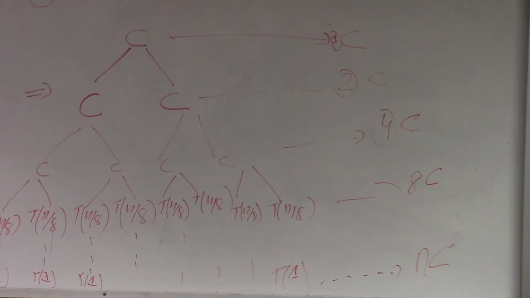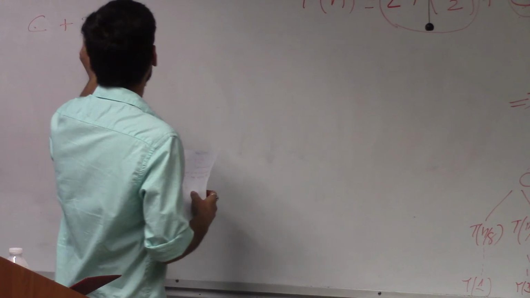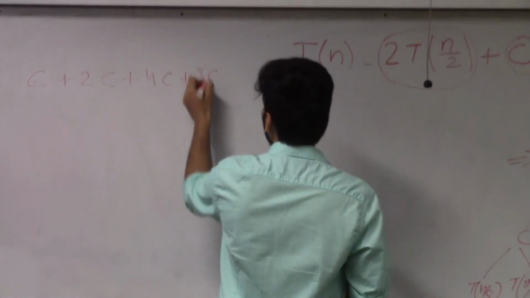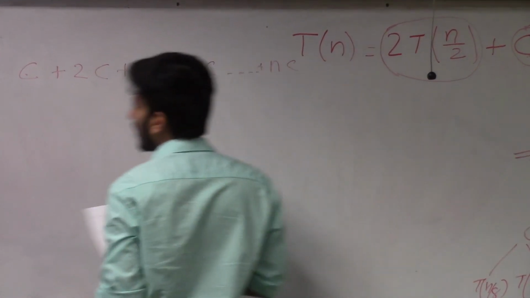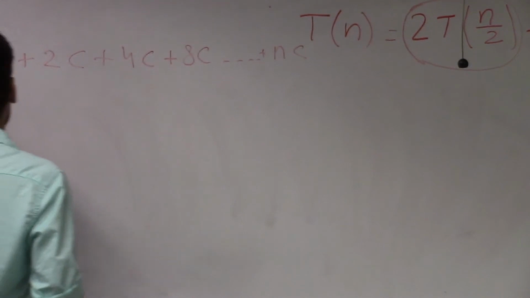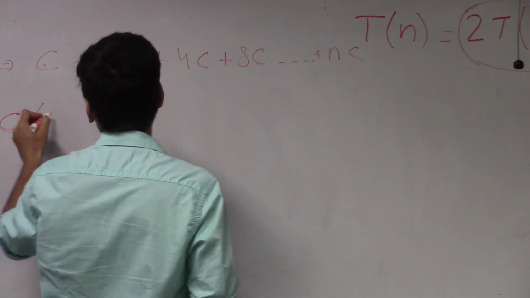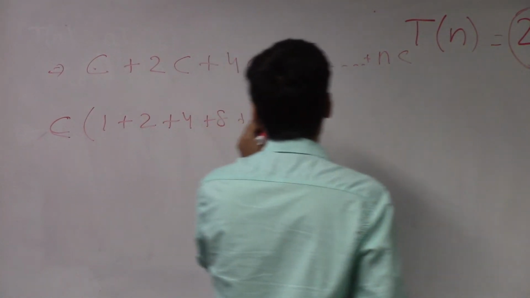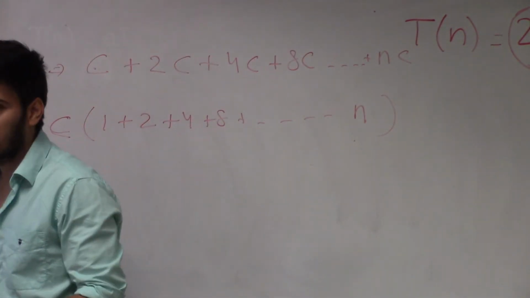It is n, plus C, 2C, 4C, 8C, going to nC. We have to take out the common C: 1 plus 2, 4, 8, and it goes to n.